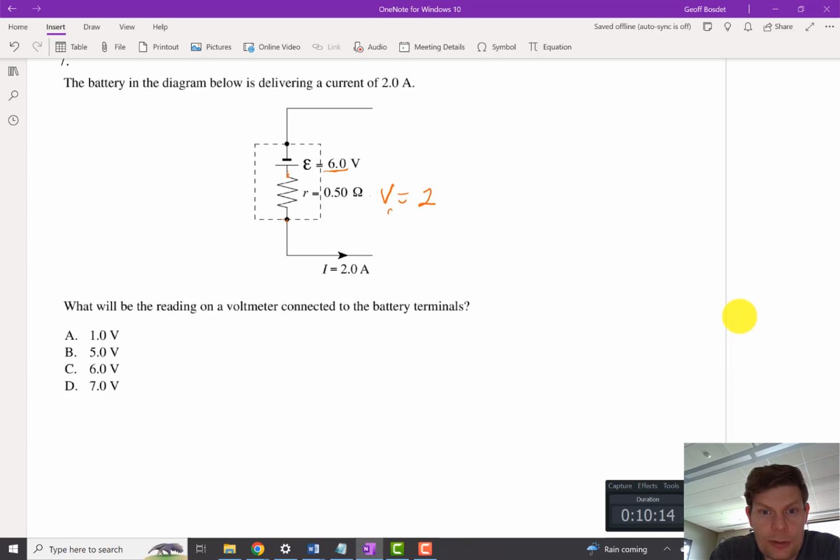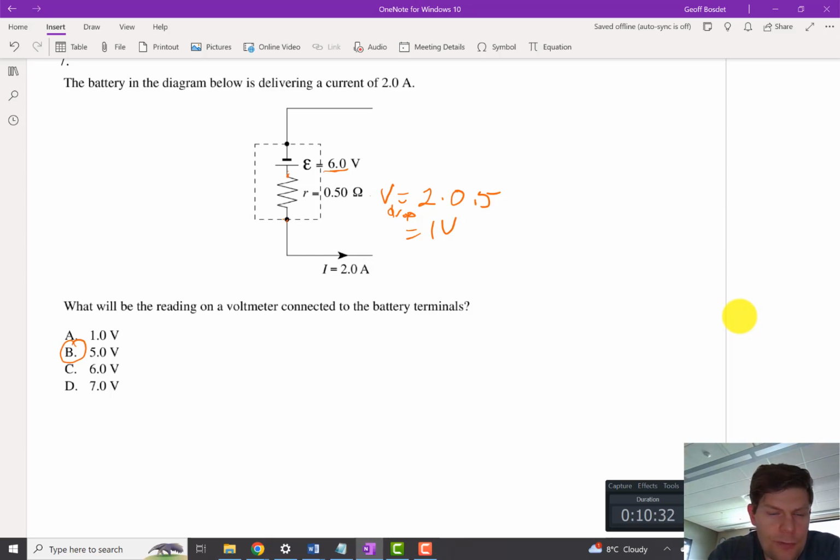So our drop across the internal resistance is 2 times 0.5. So we're dropping 1 volt across this internal resistance. So it's going to be 1 volt less than our theoretical max. 1 volt less than 6 is 5 volts.